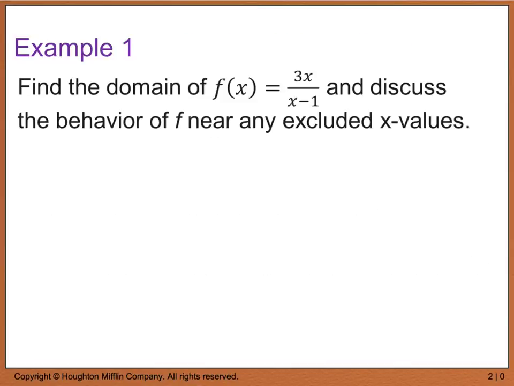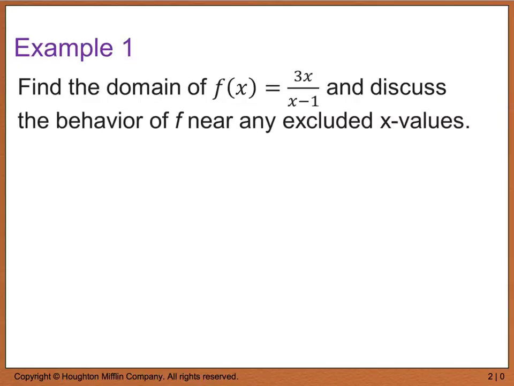So for example 1, we want to find the domain of the function f of x equals 3x divided by the quantity of x minus 1, and then we want to discuss the behavior of the function near any of your excluded values. And our excluded values are essentially the zeros of your denominator.